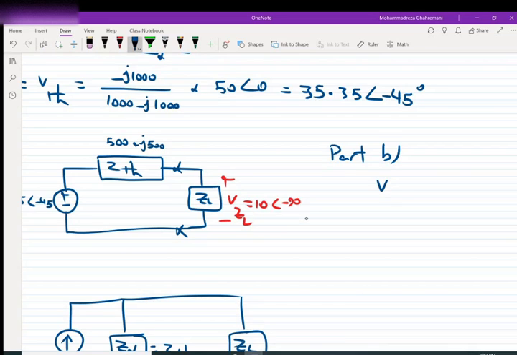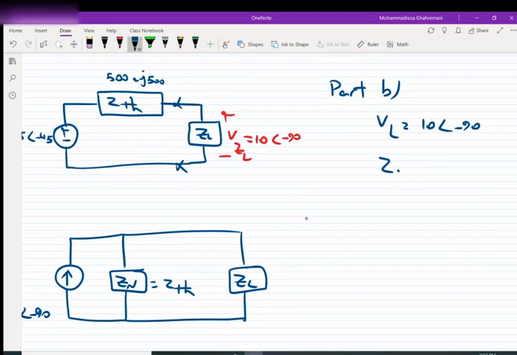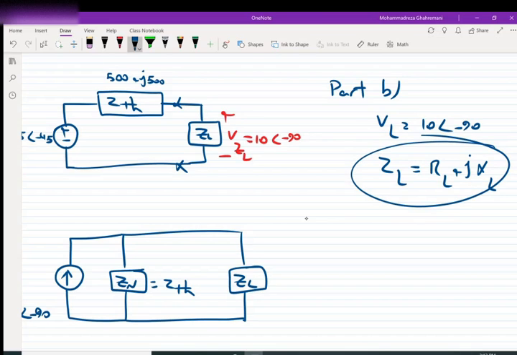We know that VL is equal to 10 with the angle of negative 90. ZL is a complex value. Let's say it consists of two values, RL plus jXL, because we have no idea what is inside the ZL.